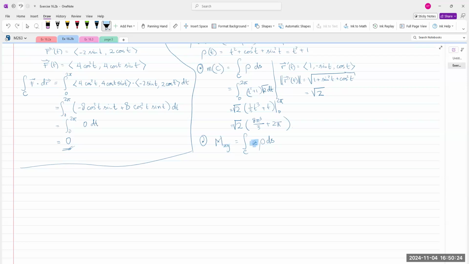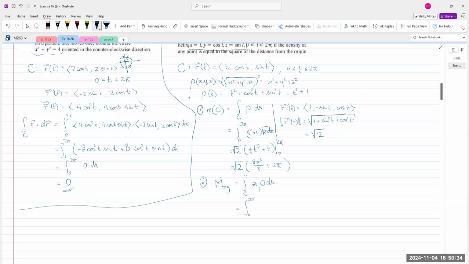Then I will substitute that in. That's integral from 0 to 2 pi. What is our c? Our c is sine t, times t squared plus 1, that's with parentheses, not square root, times square root of 2 dt.